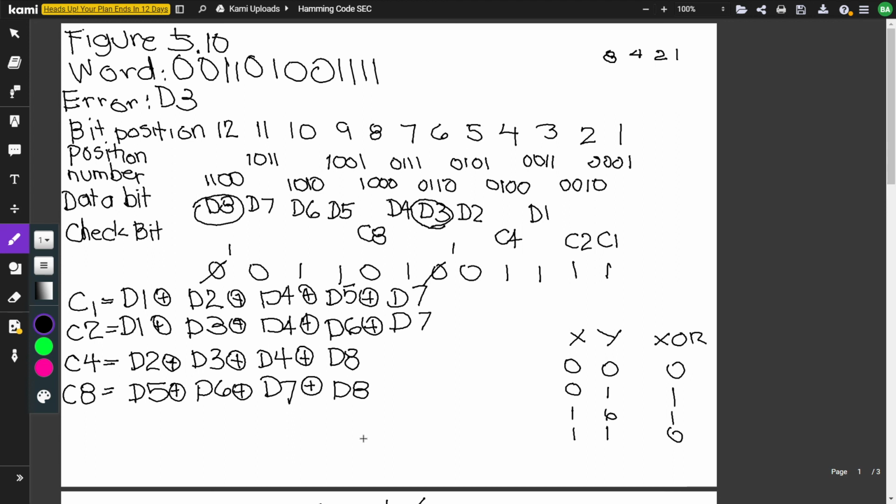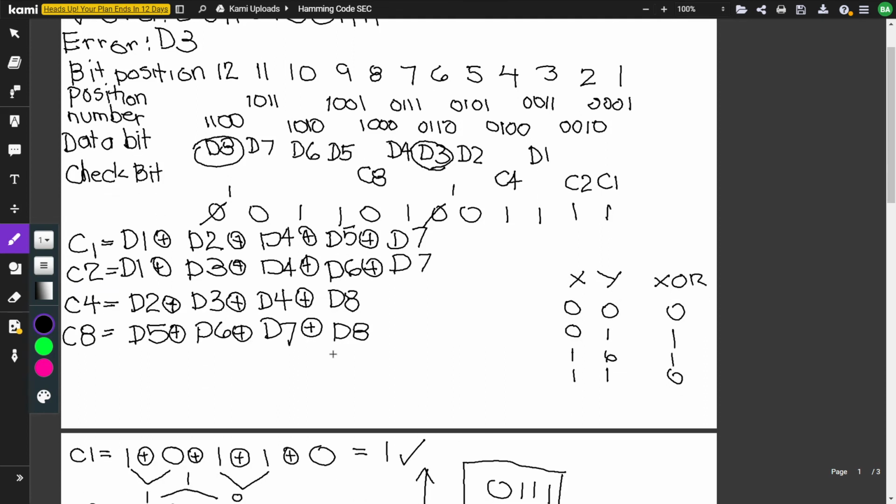And then after that we have to get the check bits of the word without error by getting, for C1, data bit positions with a value 1, and then C2 with value 2, then C4 with value 4, and C8 with the value 8 in binary. So that's why we have this formula.